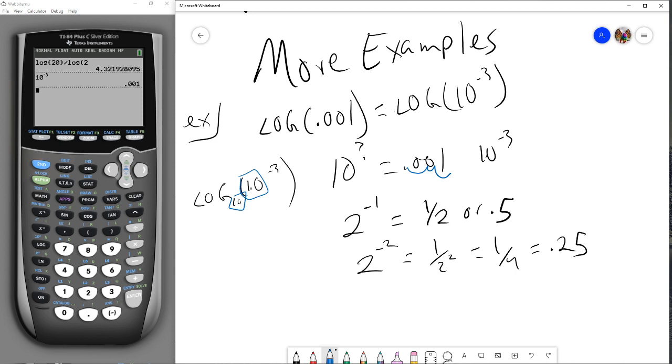Right here we have the base and the exponential, they match, and so we can use our log property: log base b of b to the x is equal to x, so this has to equal negative 3. So this shows us how a log can give out a negative value.